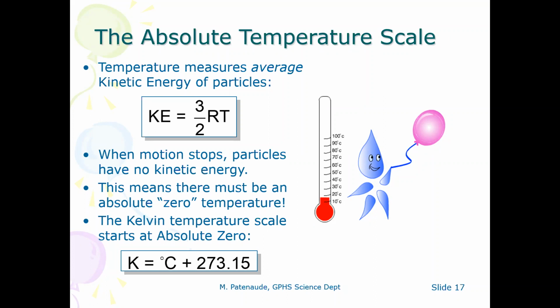It's called the ideal gas constant. Its value for this equation would be 8.314. I'll leave out its units for now.